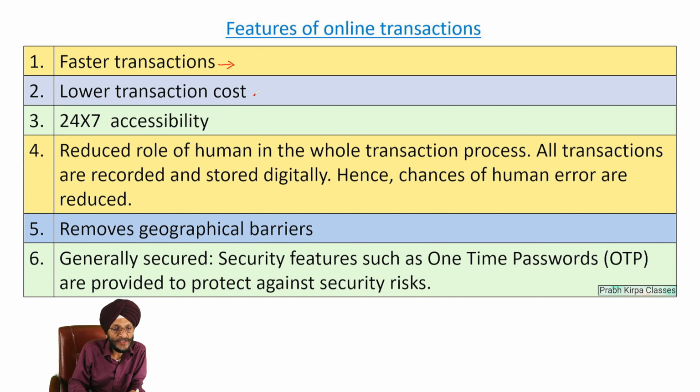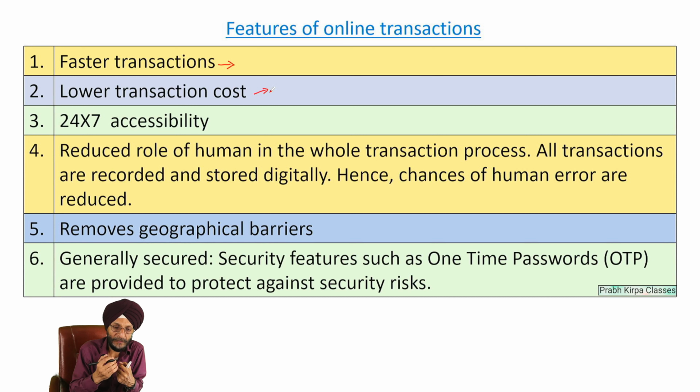Second feature of online transaction is lower transaction cost. Suppose we have taken some money from someone. If we want to repay the same, it is quite possible that the other person is residing some miles away from our home.